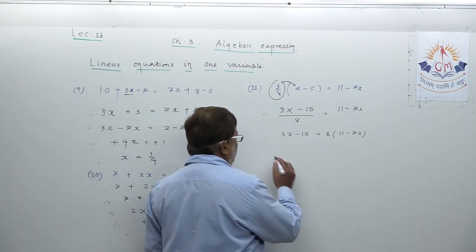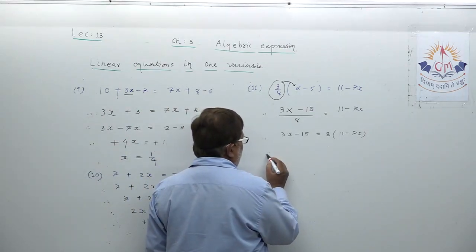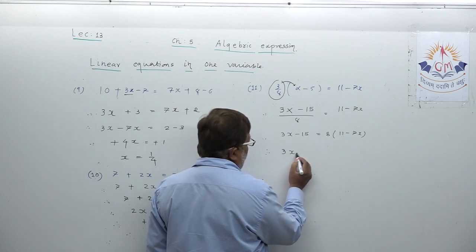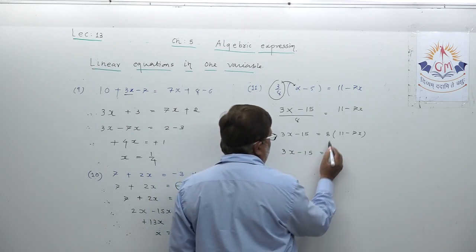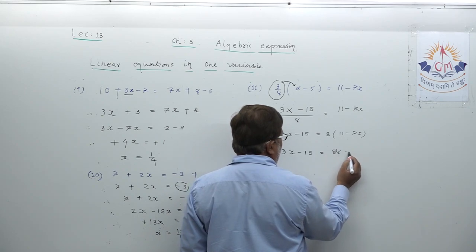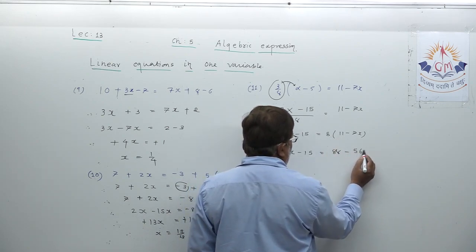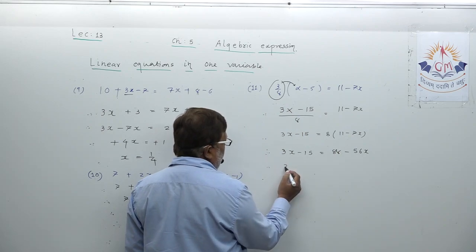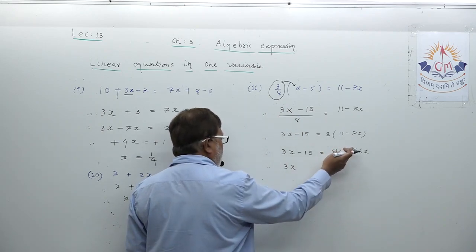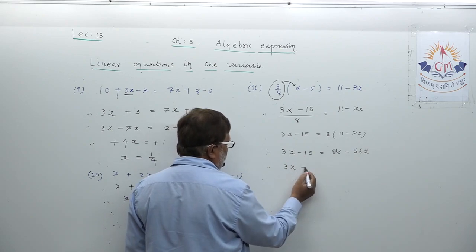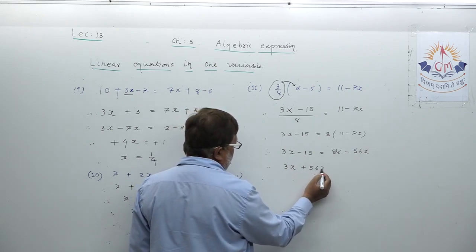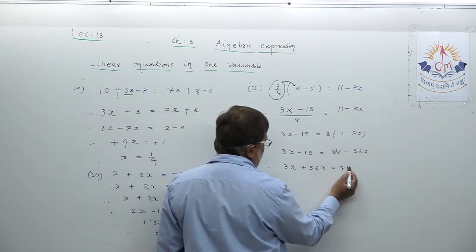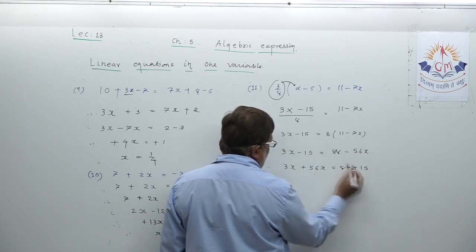Okay, now just open the bracket. This will be 3x minus 15. 8 elevens are 88, 8 sevens are 56x. Let us transfer: 3x plus 56x, 88 plus 15.